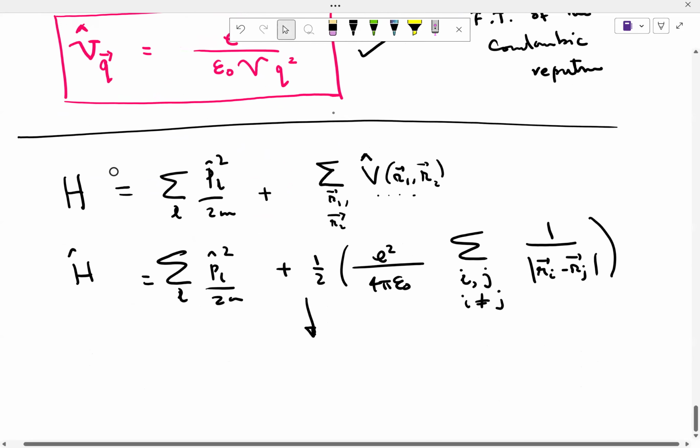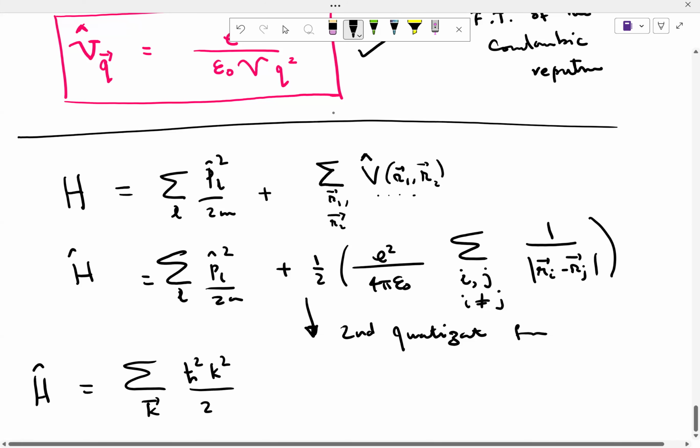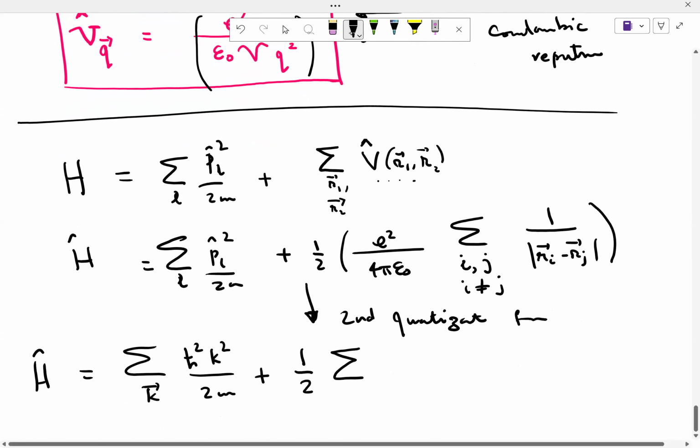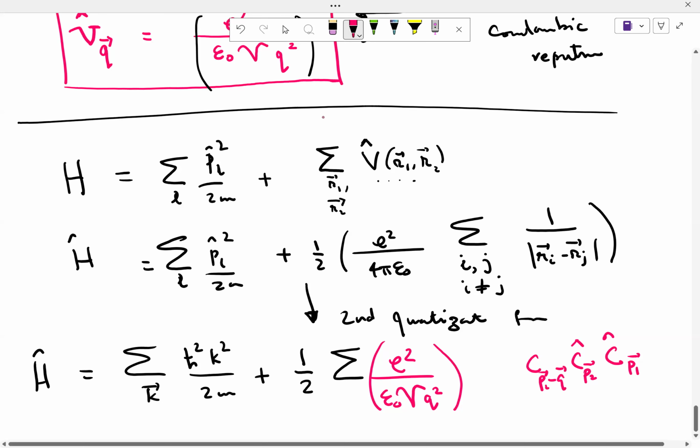So now in the second quantization form, this Hamiltonian is going to be represented as the sum over all the momenta of h bar squared k squared over 2m, plus 1/2 of this Fourier coefficient, e squared over epsilon naught volume Q squared, and then C dagger P1 plus Q, C dagger P2 minus Q, C P2, C P1, summed over P1, P2, and Q. Right?